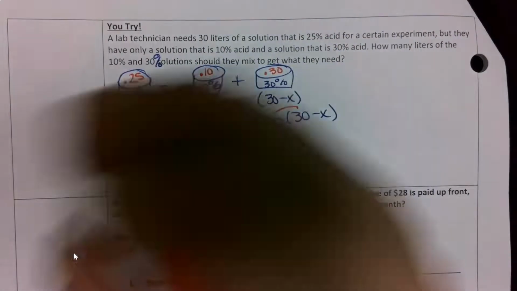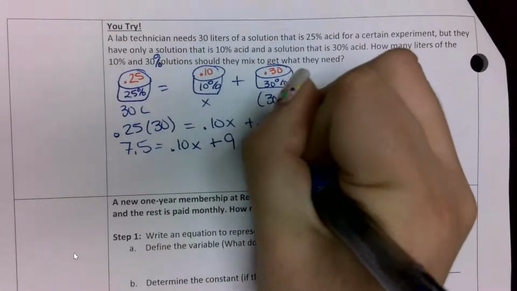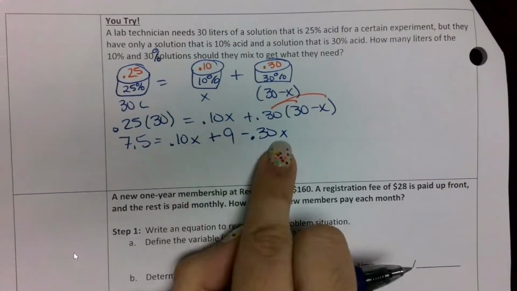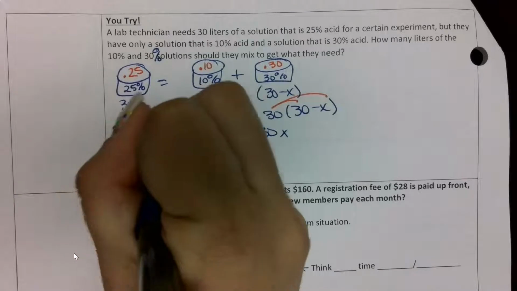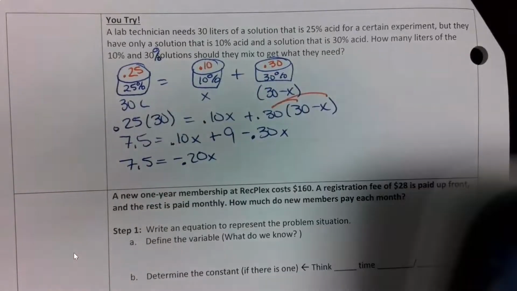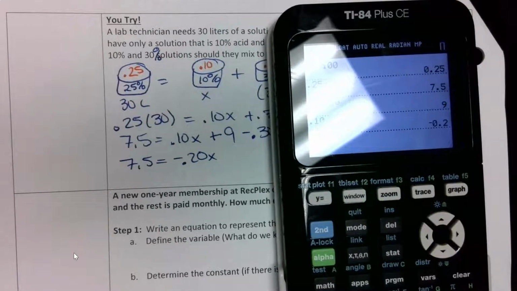And then I'm going to distribute that 0.30 to the negative x. Notice, now I have two x's in my equation. I want to combine those together. If I don't know how to do it in my head, I'm going to do 0.10 minus 0.30, which gets me negative 0.20.